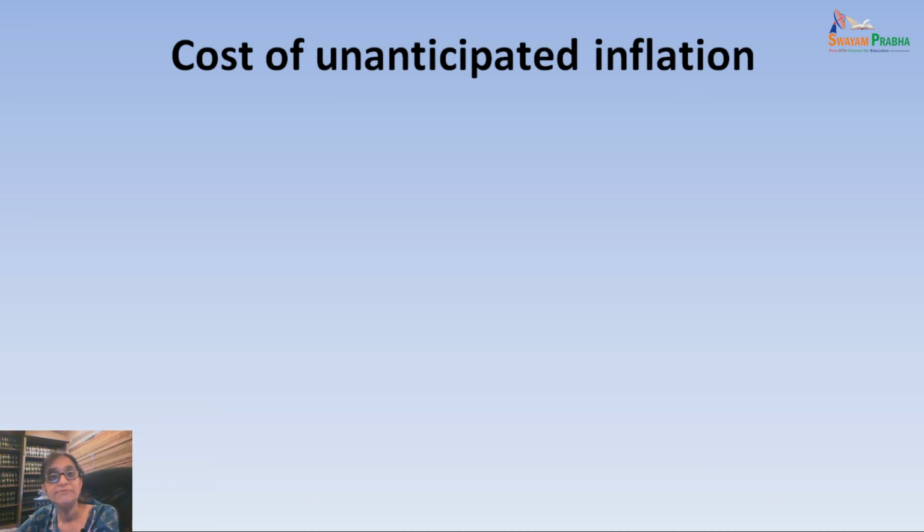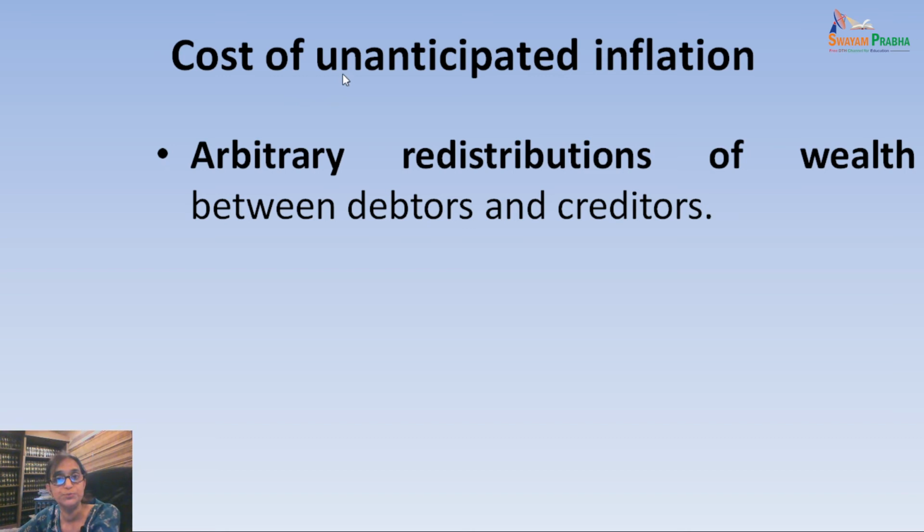In anticipated inflation, consumers, workers, and employers have a certain inflation rate in mind, and keeping that in mind, they are fixing their prices, making their wage decisions, and making their consumption decisions. But if the inflation rate is more than what you had expected, that has a greater cost. That is known as the cost of unanticipated inflation, the cost of unexpected inflation.